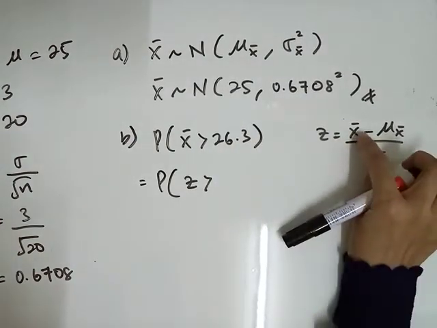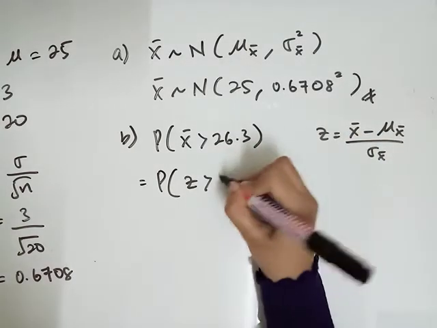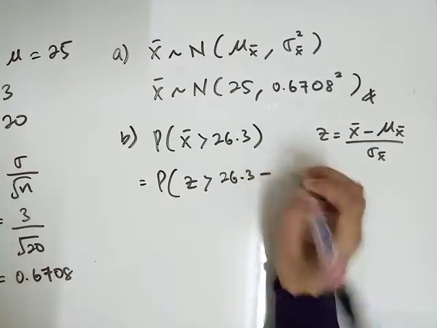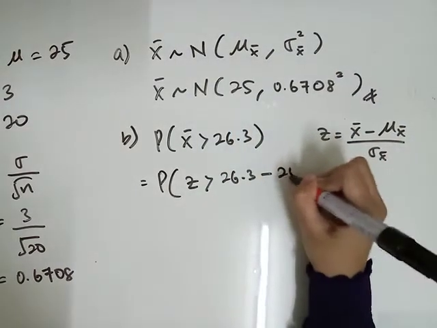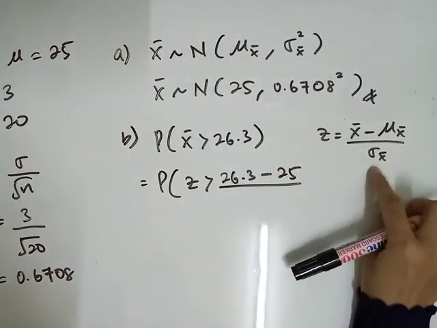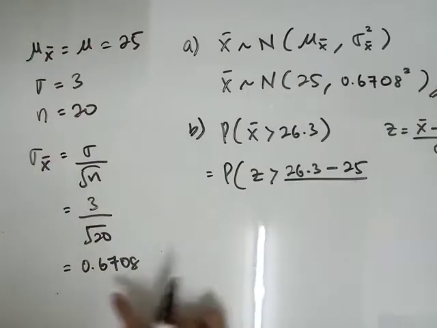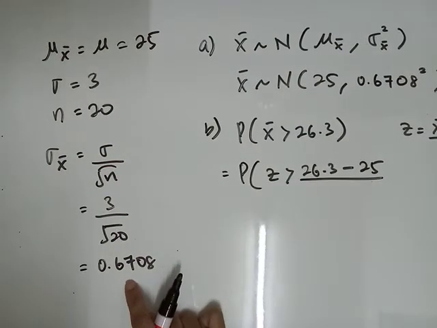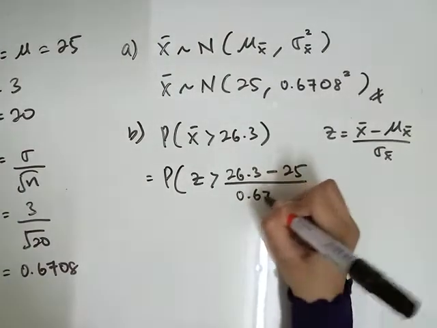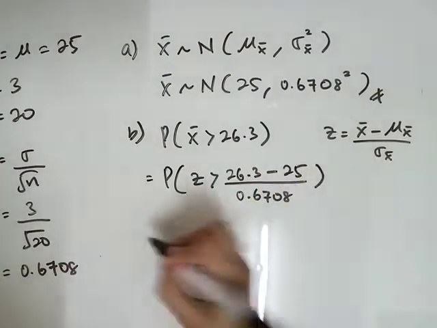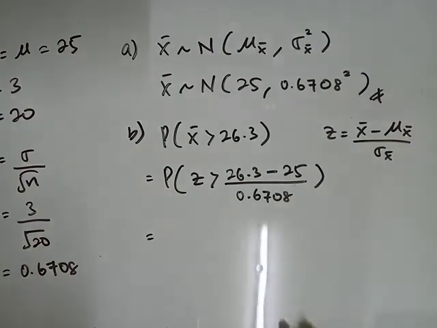And then sample mean is 26.3 minus mean of the sample mean, which is 25, divided by standard deviation of the sample mean. Kita dah calculate dah, which is 0.6708. So divided by 0.6708. Just substitute saja untuk formula.